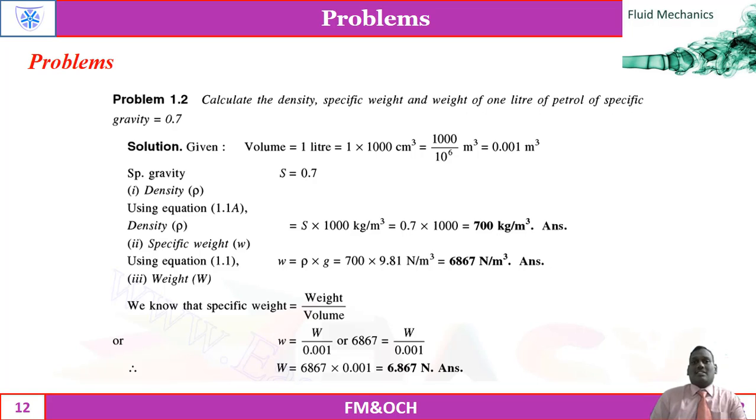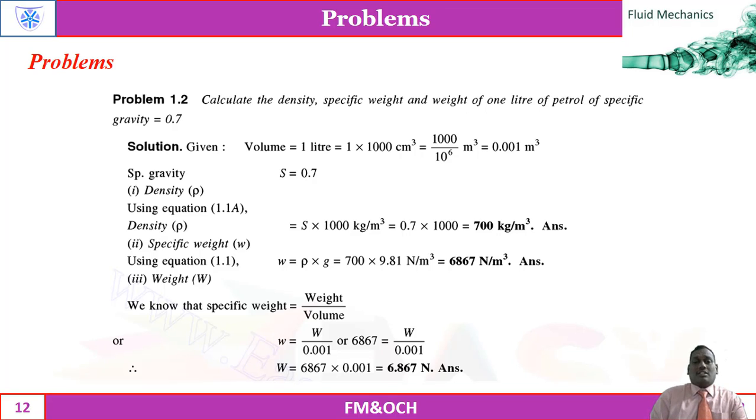Now the given thing is the specific gravity, 0.7. You may be thinking, where are the units? Yes, as I already told, specific gravity does not have any unit. So the specific gravity is 0.7. They asked us to calculate the density of the petrol.